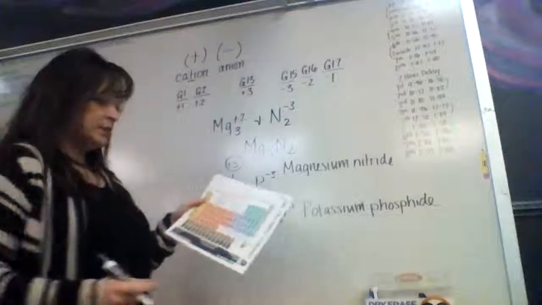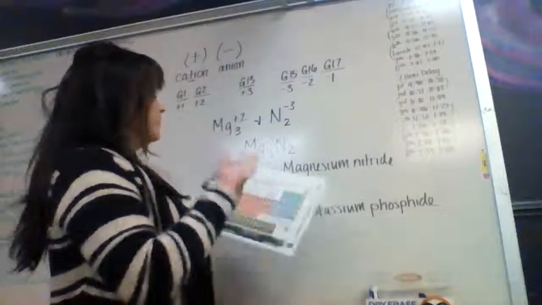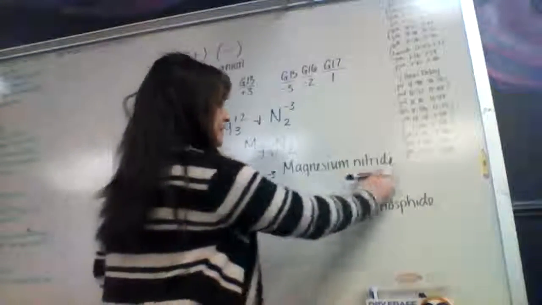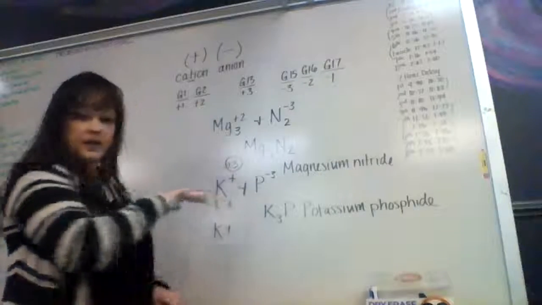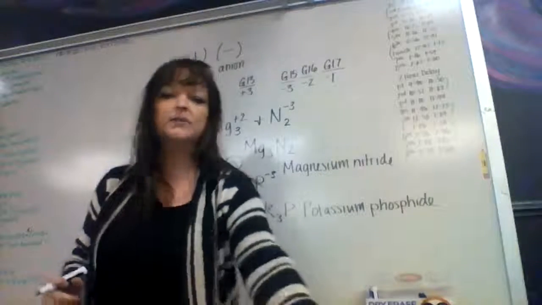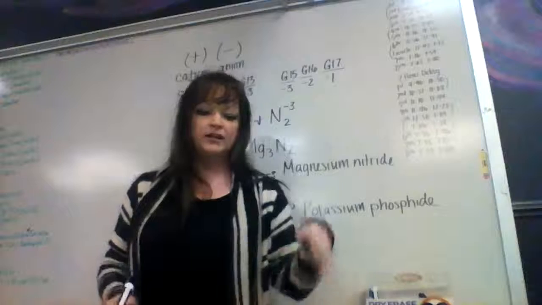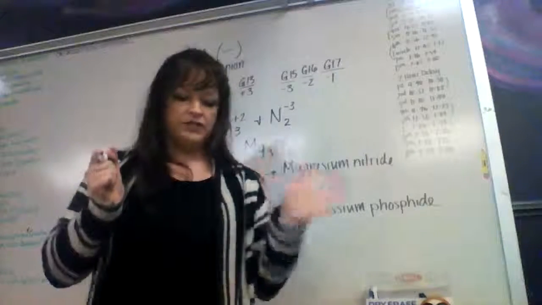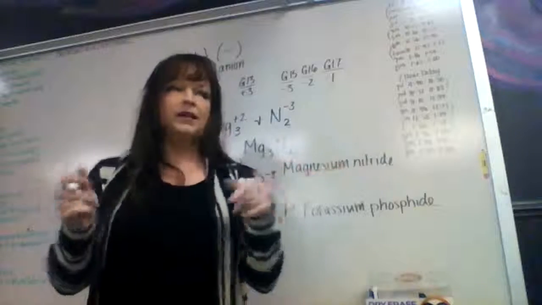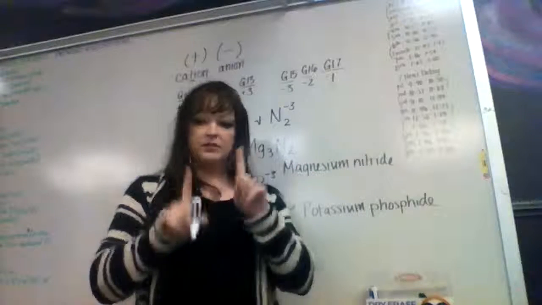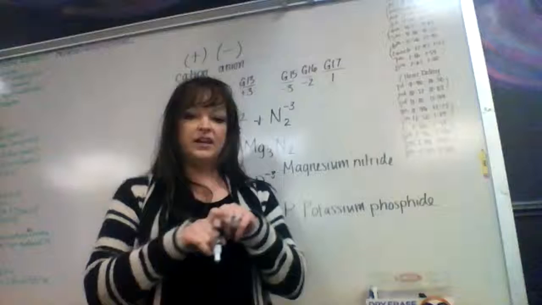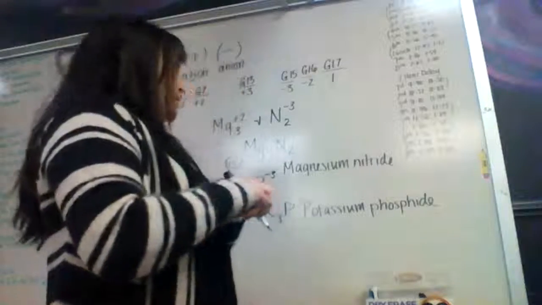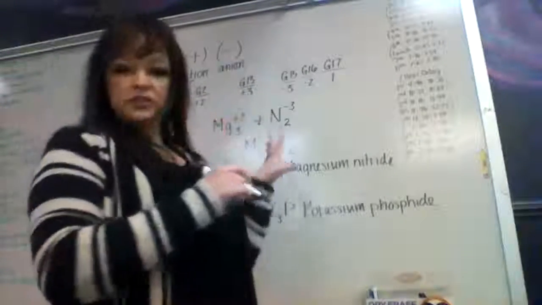Okay, so when you're doing monatomic ions, they are just elements from the periodic table that you're bonding. So, magnesium to oxygen or cesium to bromine. Those are monatomic ions. You're just dealing with 2 elements that are bonded together. They have a charge. Check the charges. Make sure the charges add up to 0.